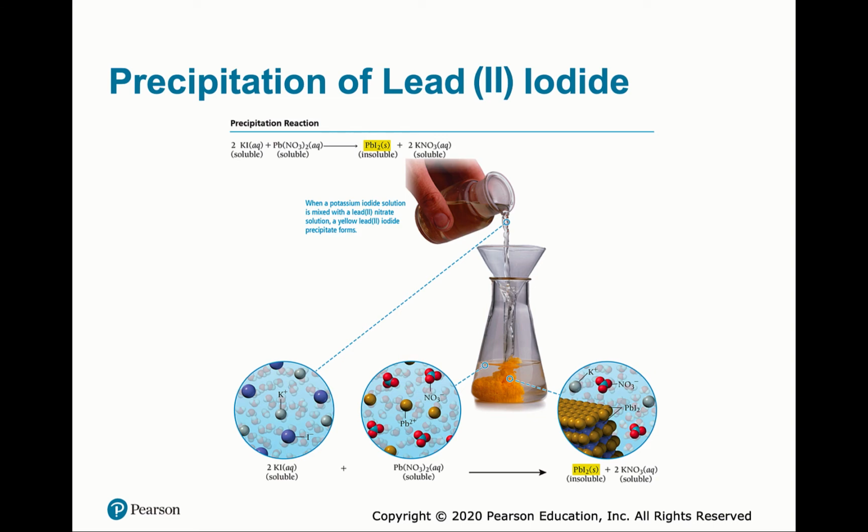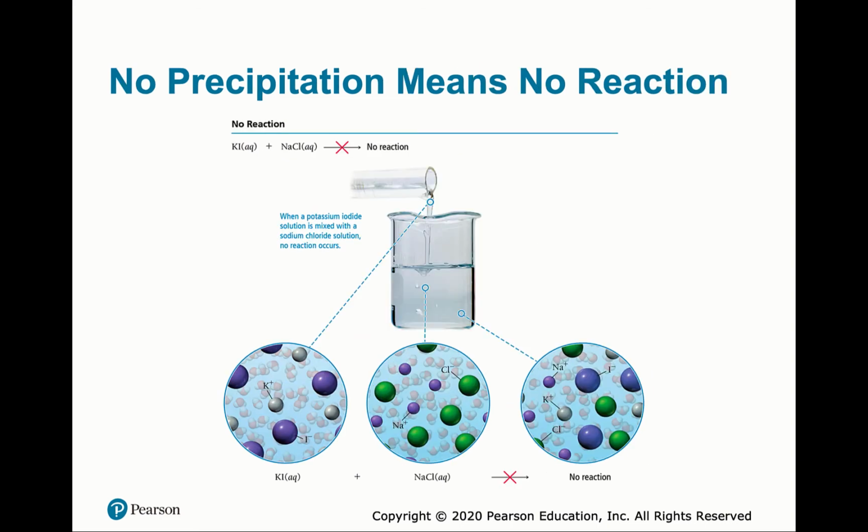For instance, if you have potassium iodide and lead nitrate, remember nitrates are always soluble, alkali potassium are always soluble, you mix them together, but lead iodide, so the halides tend to be soluble, and lead +2 is an exception, so that forms this lead(II) iodide precipitate.